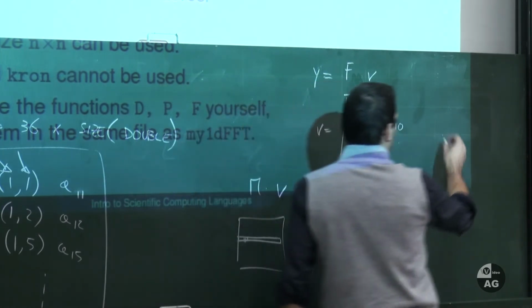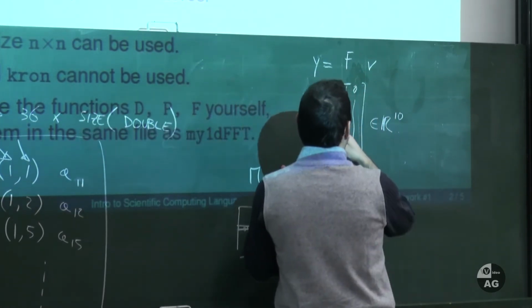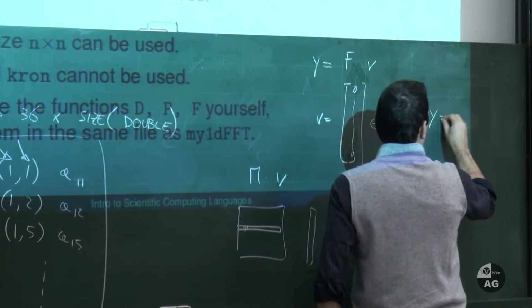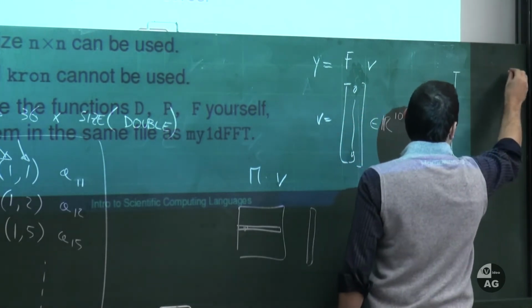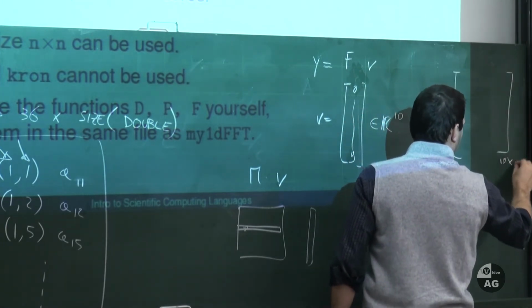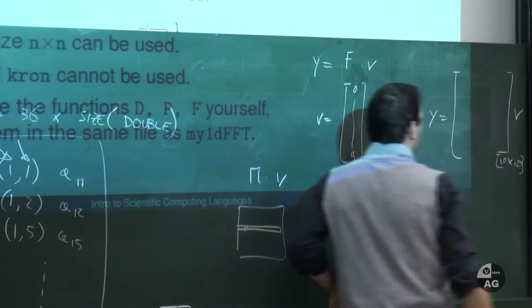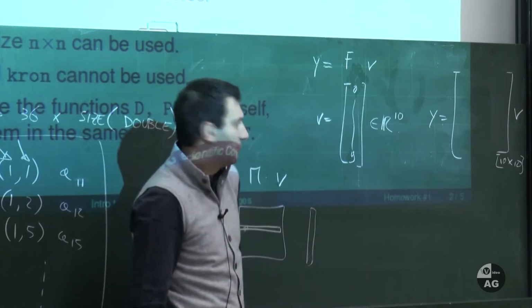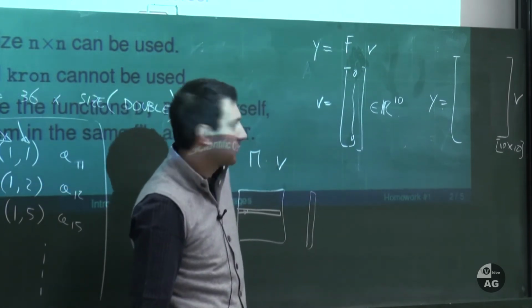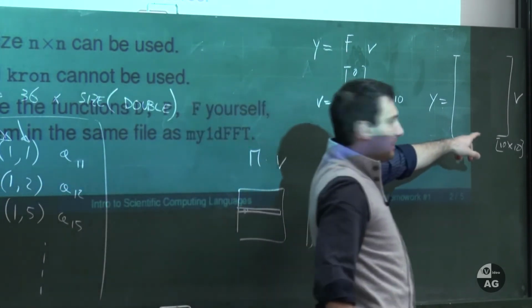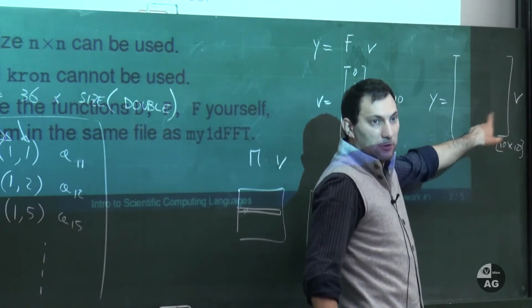So I could simply compute y as a 10 by 10 matrix times my v. But if you do that, you're not going to go very far with your score in the homework, because I told you that this matrix has a lot of structure and we want to exploit it.